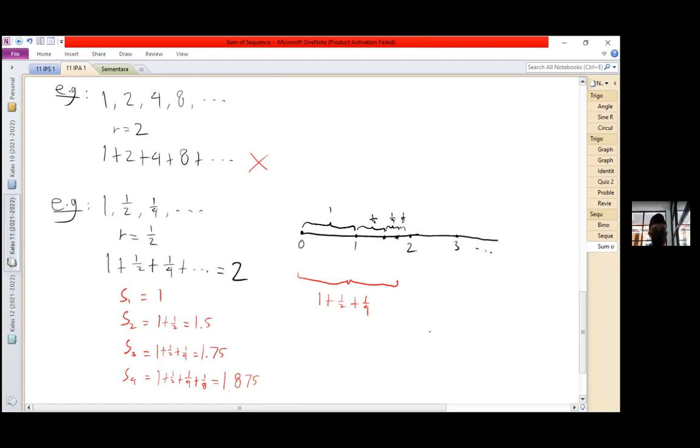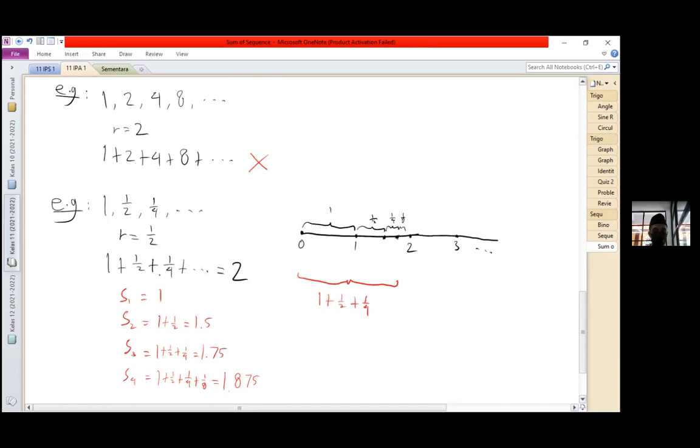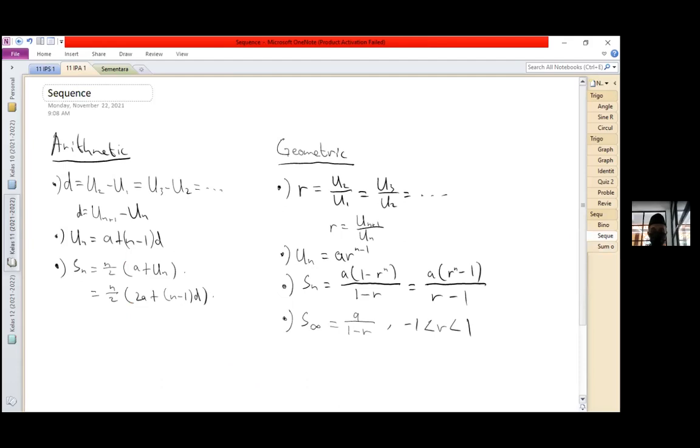So to find the sum of an infinite sequence, or the infinite sum, use this formula, and you have to make sure that the ratio is between -1 and 1. So that's all for today.